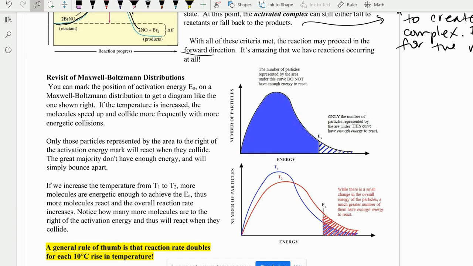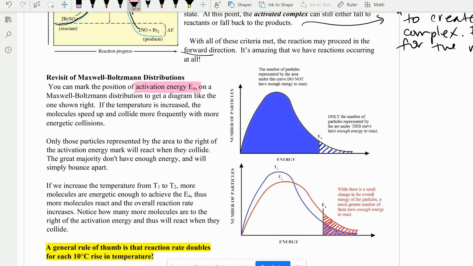And you can see that there are two images here in your notes to the right, where we'll talk about really quickly, but hopefully this is not a brand new concept for you and is relatively straightforward. We're going to add a new component to these Maxwell-Boltzmann distributions. You can actually add a point on those diagrams where you can point out where the activation energy is.